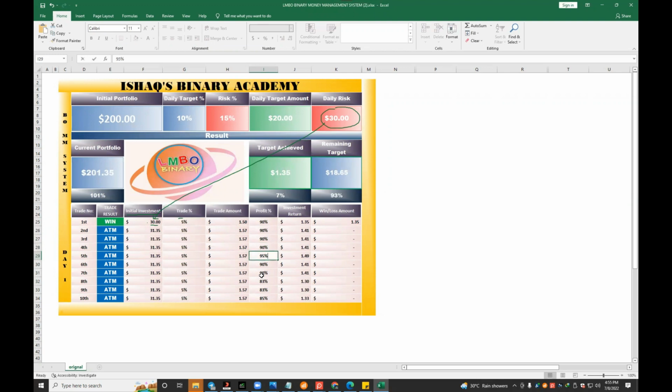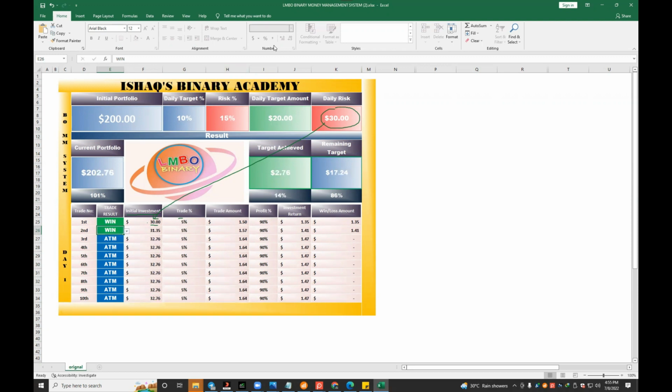So I will set it to 90%. All the 90% I will write here. So if the next trade which I'm going to place, for example, I won that trade again.